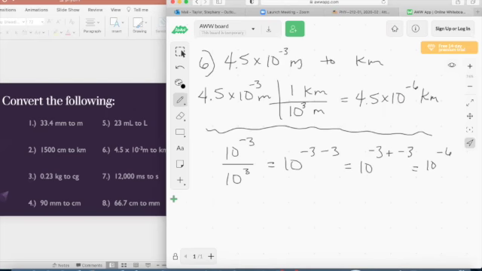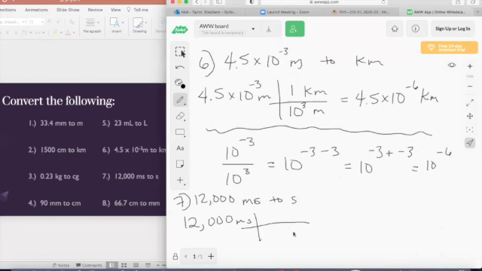Okay, let's try number 7. They're telling us to go from 12,000 milliseconds to seconds. So let's start out with the 12,000 milliseconds and do our division.